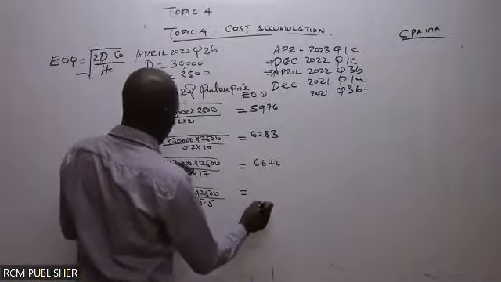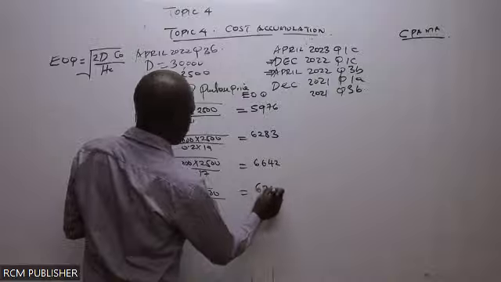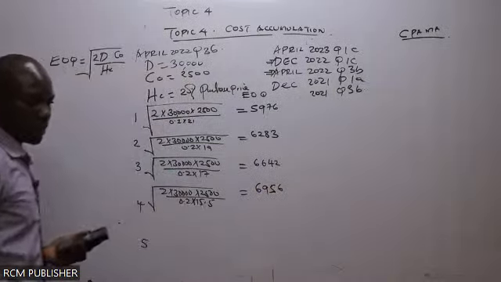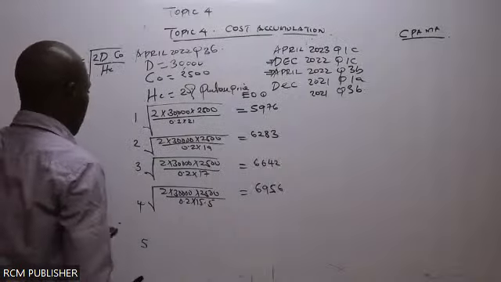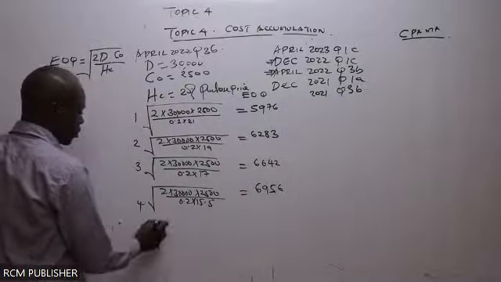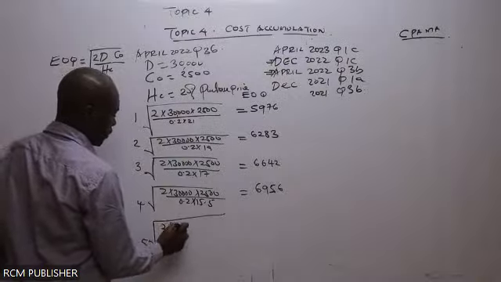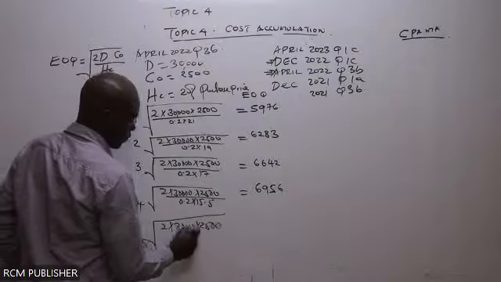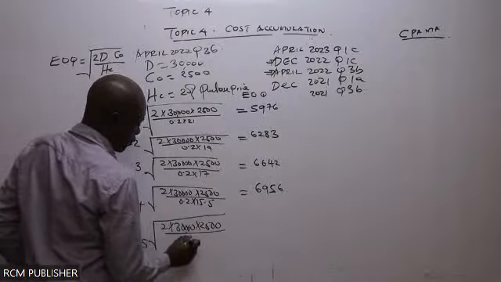When I do that, I'm getting 69.56. And I believe everyone is getting that. Yes, I can see. When I move to the last one, I'm having 2 times 30,000 times 2,500 over 0.2.